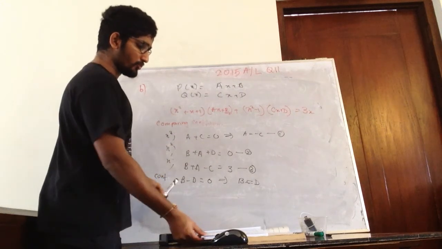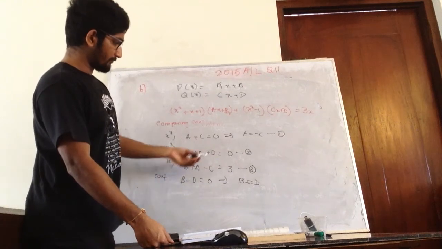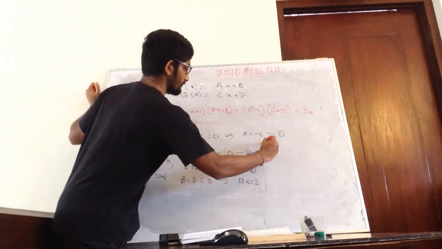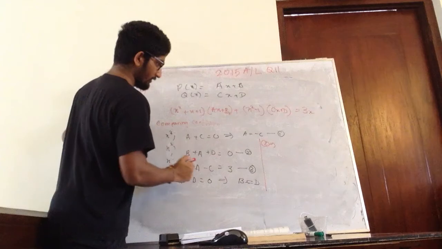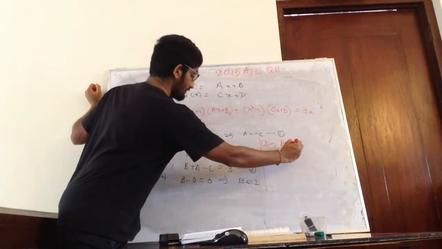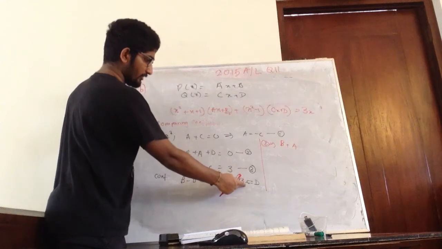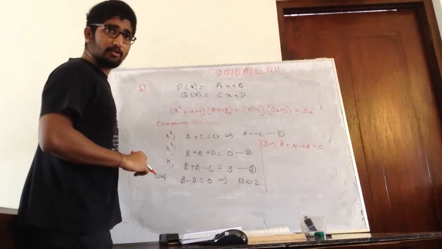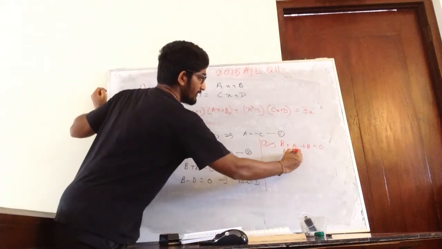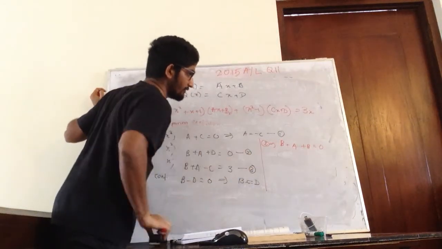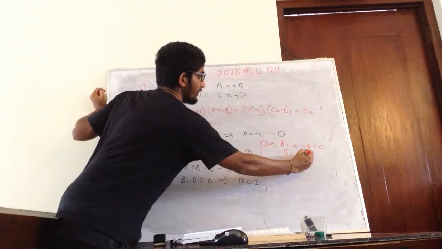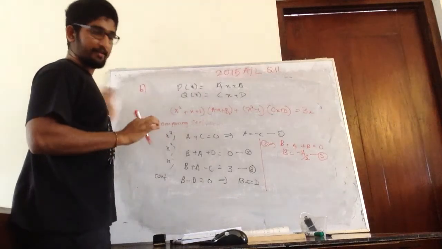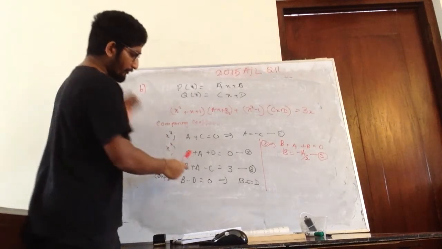So what I am going to do here is take the second equation. I am going to write B plus A, and D can be written as B. Then I can write B as minus A over 2. Let's take this as equation 5.